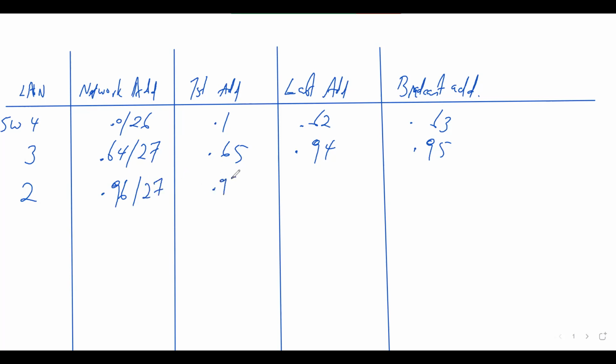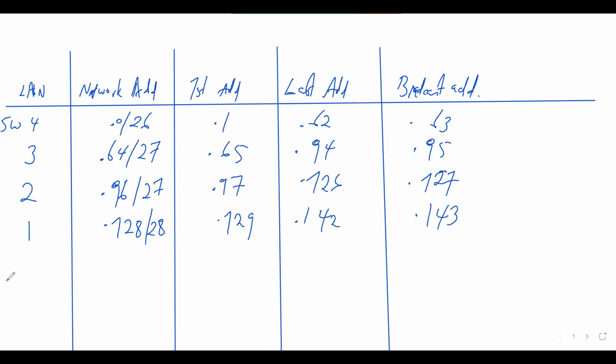So this is .97, .126, .127. LAN 1, .128 slash 28. This becomes .129. This becomes .142. This .143.